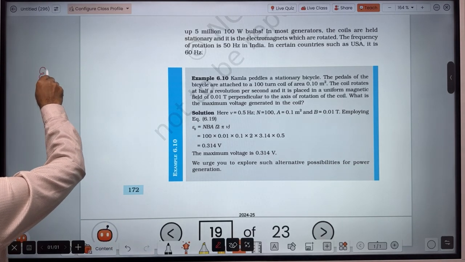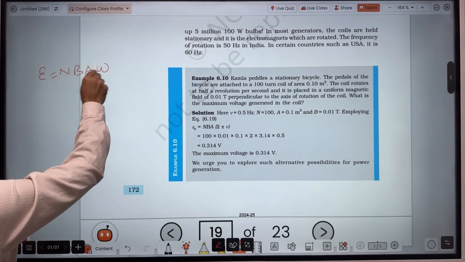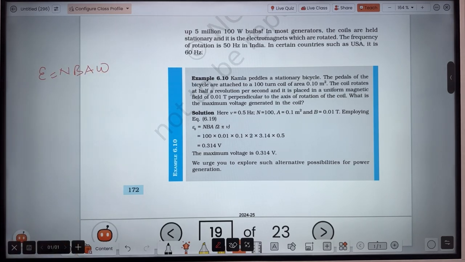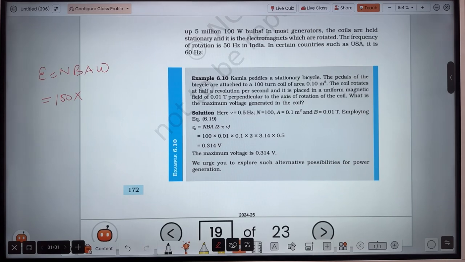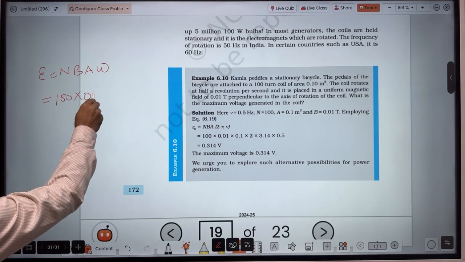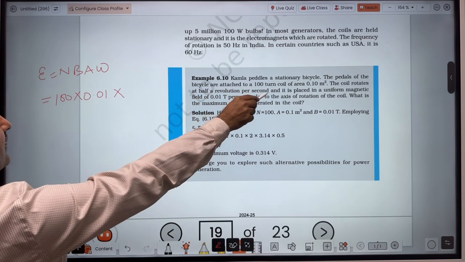We have seen that EMF is NBA omega, right? So here we need the number of turns. The number of turns is given as 100. The magnetic field is given as 0.01 Tesla, into the area, which is the area of the coil, not cross section.